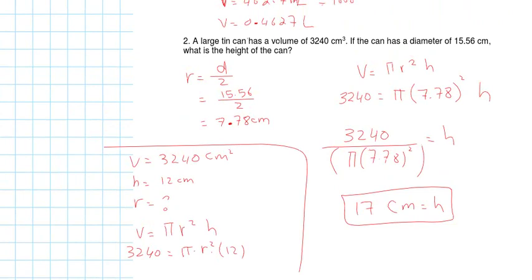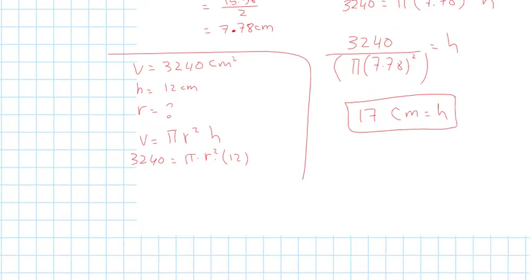So, first step, you move the pi and 12. And then you square root the answer. Because now I have a square, I can get rid of the square by square rooting. So now I can square root, and you guys find the answer.